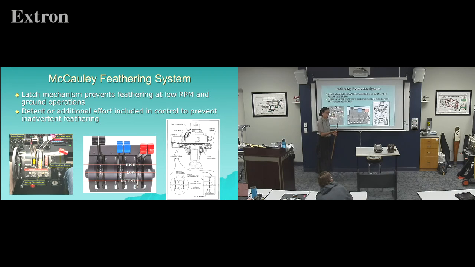But as you pull your power back, you're ready to shut down the engine, then your prop slows down and there's not enough centrifugal force to hold the latches out, so they fall in and lock the blades in low pitch. So you can shut down, lose engine oil pressure, but the latches are holding it in low, so it can't go into feather. The video will show it really nicely.